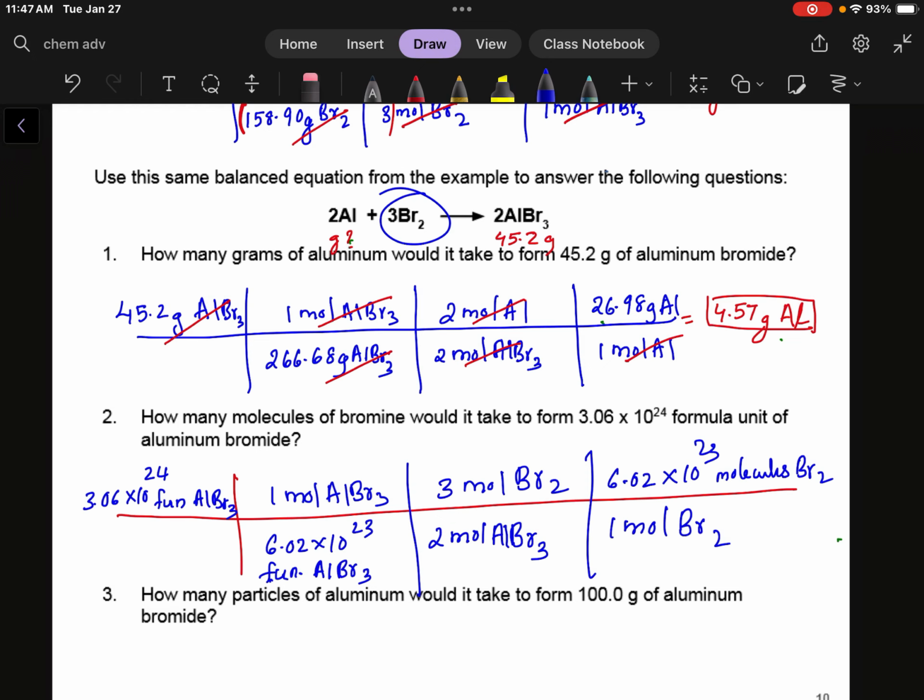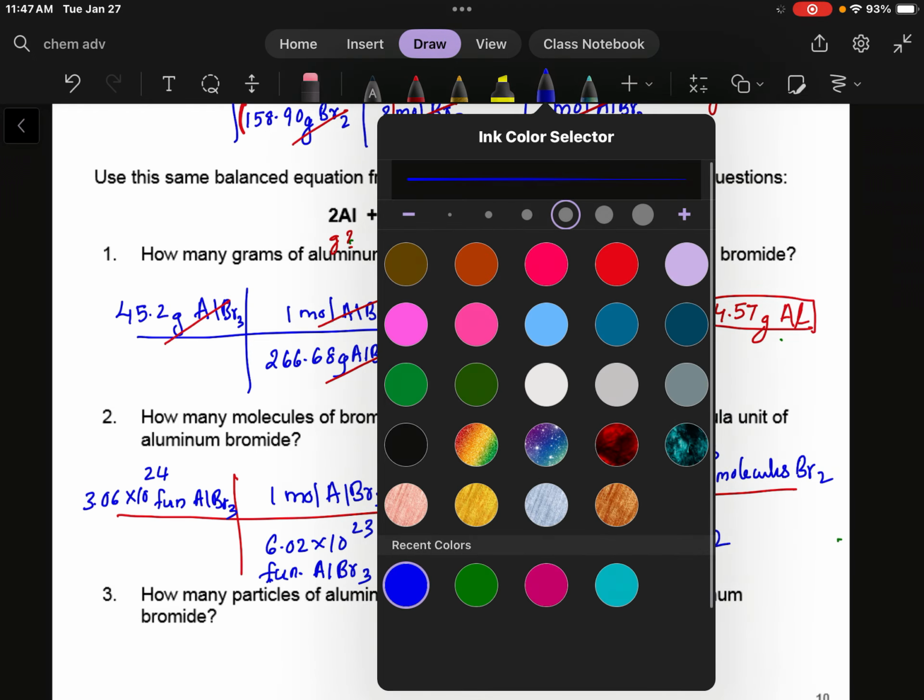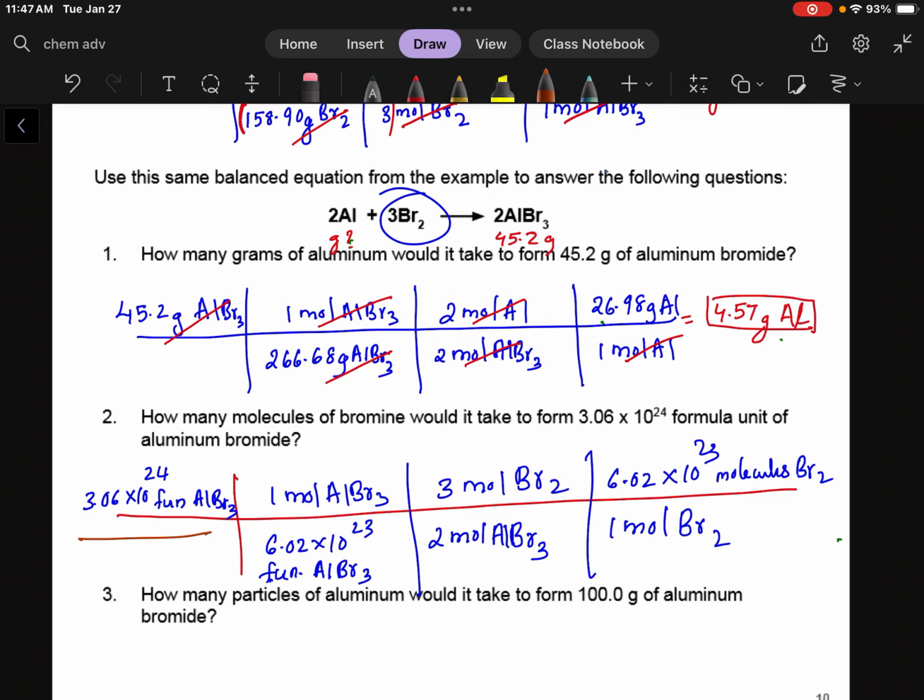I'm going to write the answer on the board. I don't have space. So the answer is, let's cancel the units. This and this cancel, this and this cancel, this and this cancel. So the final answer is, and we can also cancel this, 6.02 times 10 to the power of 23, so the calculation will be easy.